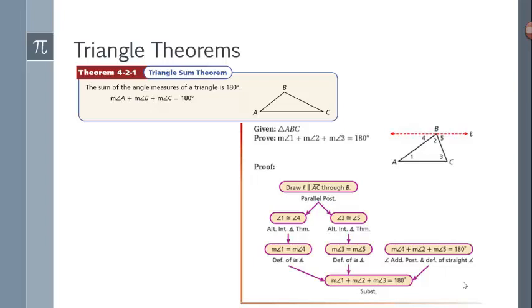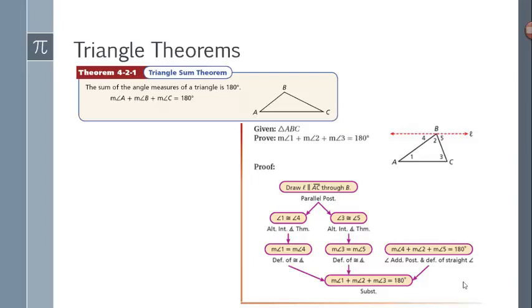degrees. You can see by alternate interior angles, 1 and 4 are congruent. And by the same logic, 3 and 5 are congruent, which makes us conclude that the measures of 1 and 4 are equal, as well as the measures of angles 3 and 5.